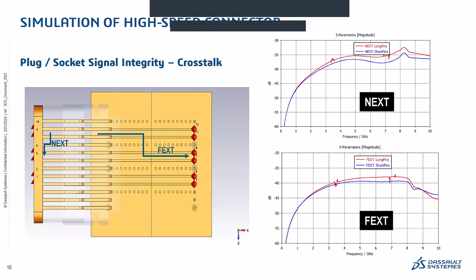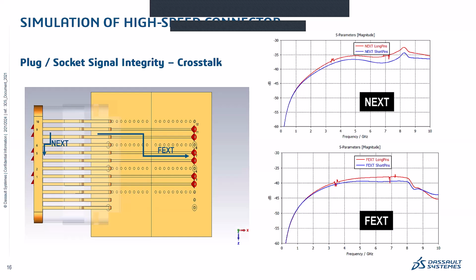We don't want the signals to couple with each other between the differential pairs, and we can take a look at the differential S parameters to evaluate the near end crosstalk and the far end crosstalk, as shown on the diagram on the left.